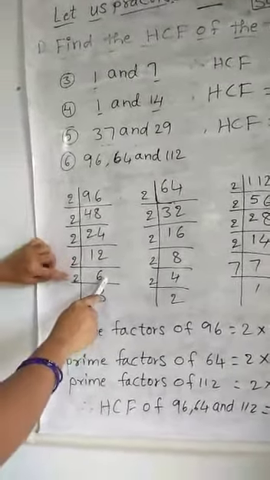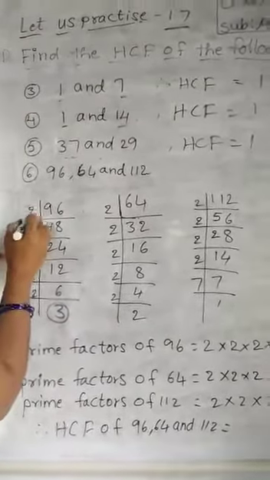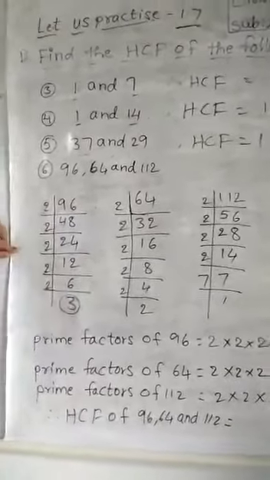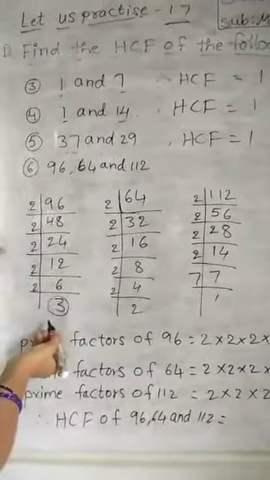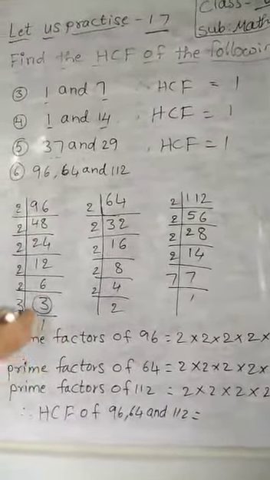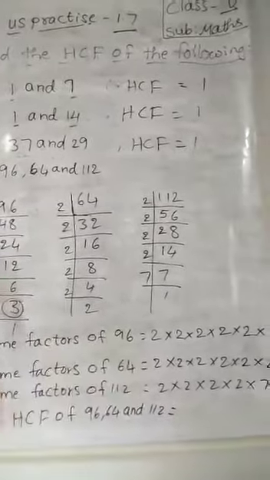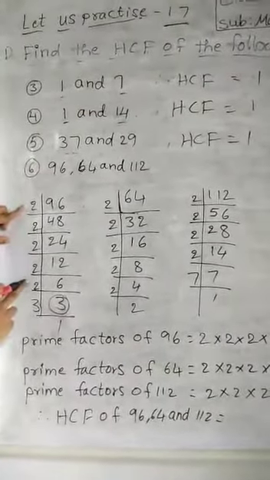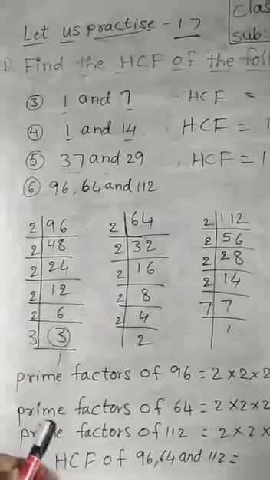This 3 is also a prime factor. These 2's are prime factors. Are there any other possibilities? 3 1s are 3. So the prime factors of 96 are 2 into 2 into 2 into 2 into 2 into 3.